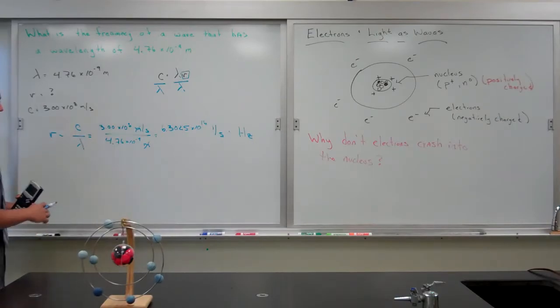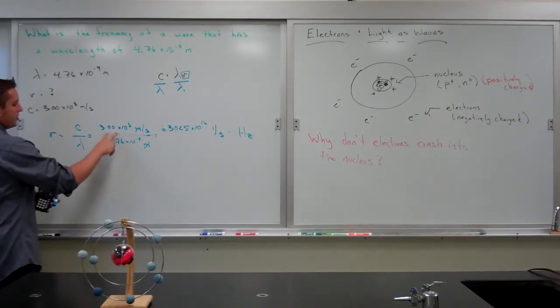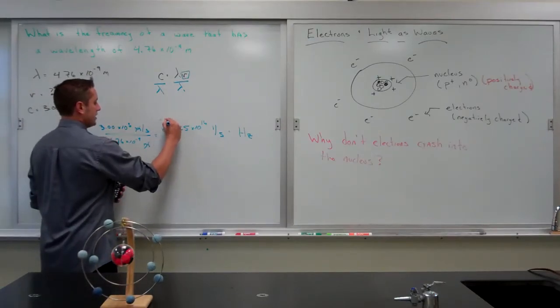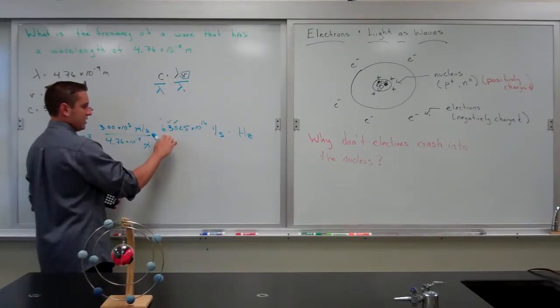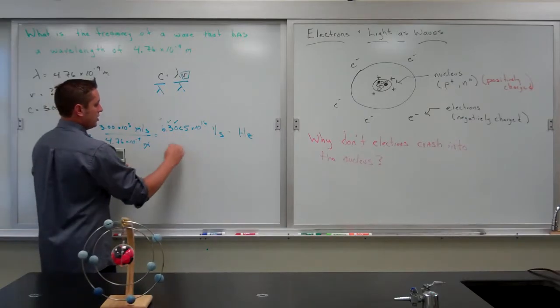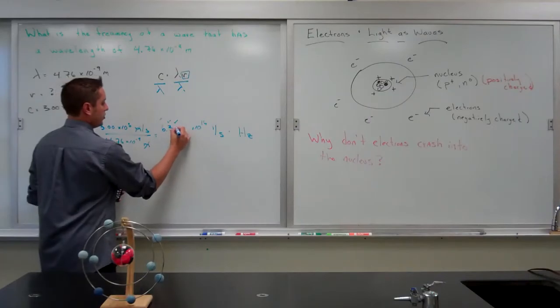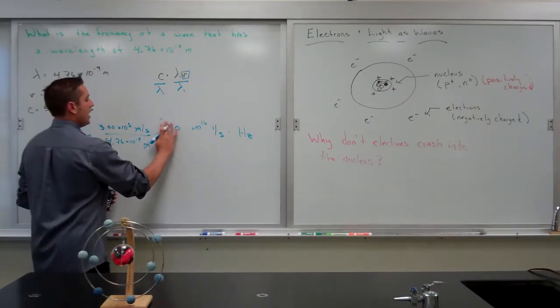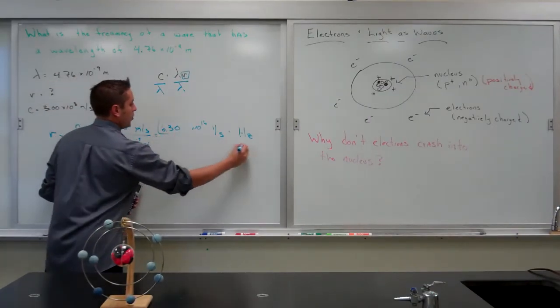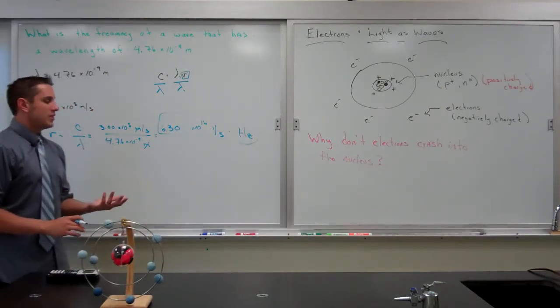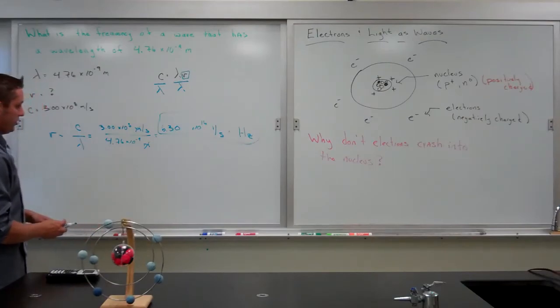And lastly, we always take care of sig figs. 3 in the top, 3 in the bottom means I get 3 in my answer. Because it's a number bigger than 1, everything counts. So I drop the 25 because the 2 will not round the 0 up. And I get an answer of 6.30 times 10 to the 16th reciprocal seconds or hertz.